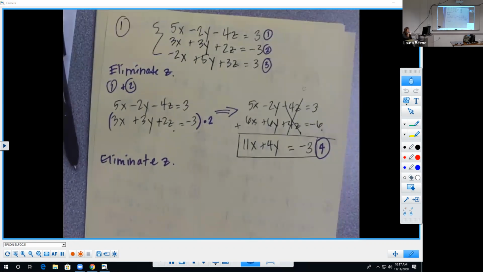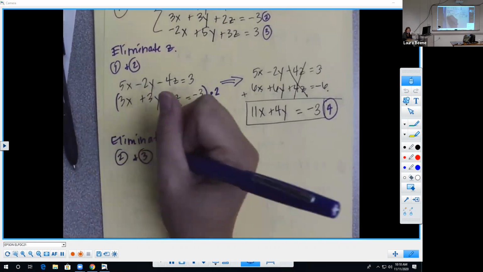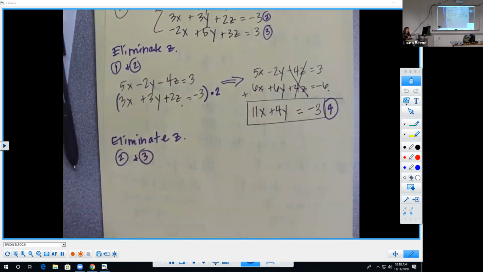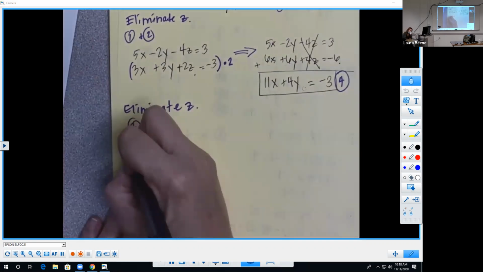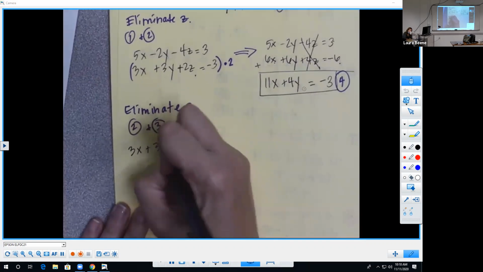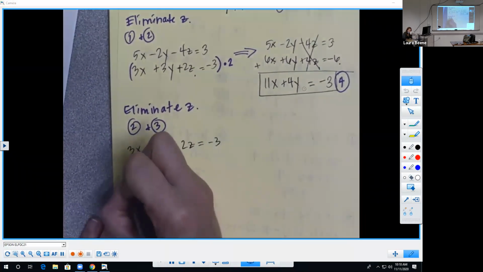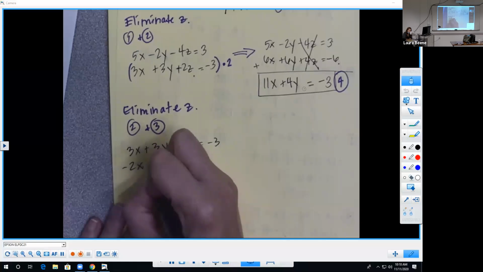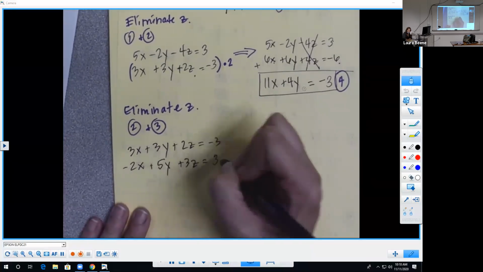What 2 other equations do you want to pick? 2 and 3. You could pick 1 and 3. It doesn't matter. You just can't pick 1 and 2 again. So if I pick 2 and 3, equation 2 is 3x plus 3y plus 2z equals -3. And number 3 is -2x plus 5y plus 3z equals +3.